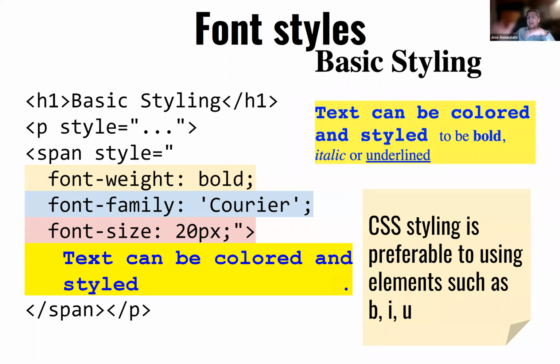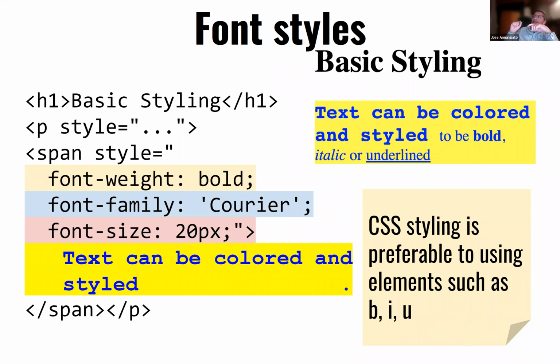If you say 1em, it's no scaling. It's saying I want this to be the base size of whatever the browser says, 16 pixels. But if you say 2em, you're saying I want to be twice as big as whatever the browser says the size is. So 1em would be 16 pixels, and 2em would be 16 times 2, which is 32 pixels.